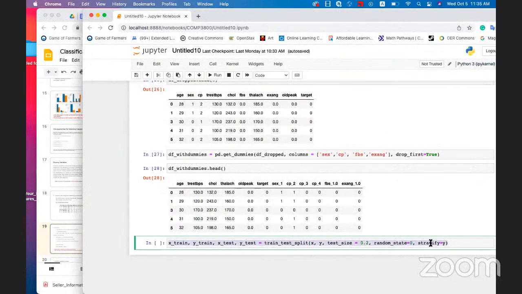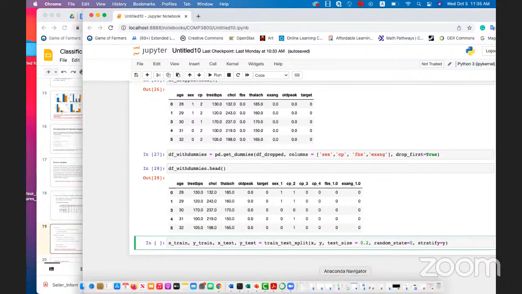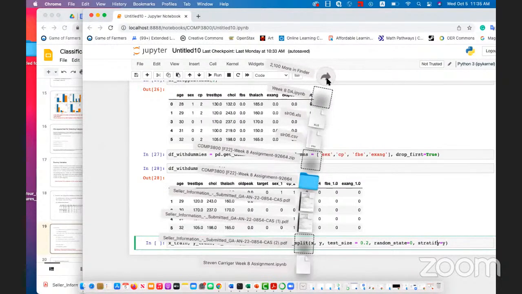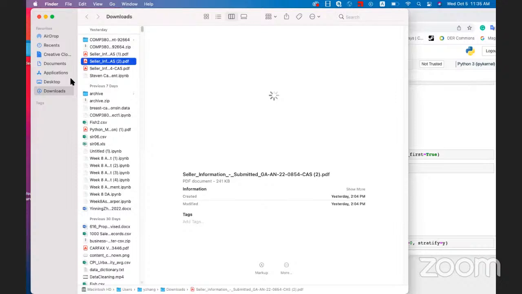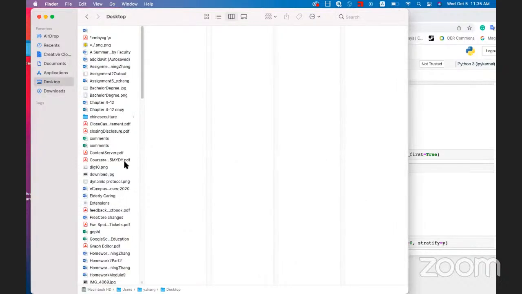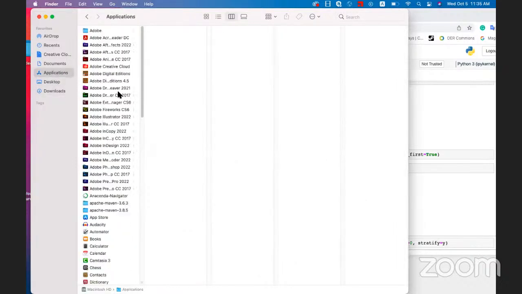That's what this parameter does, to keep the same sample ratio in both training and the testing data set. But with linear regression or with a numerical target variable, you don't have this problem.